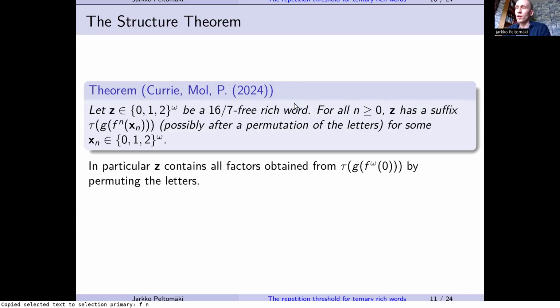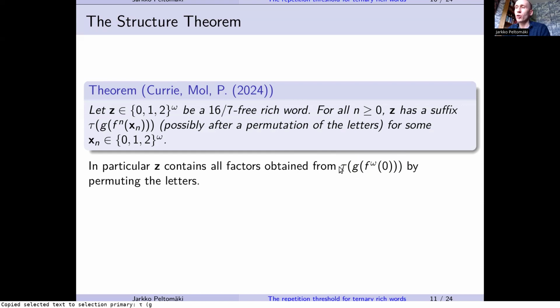But what follows from this theorem is that because this morphism F is primitive, whatever Z you have that obeys these conditions has all the factors of this word, which is the fixed point at 0 under F, and then you apply G and tau.